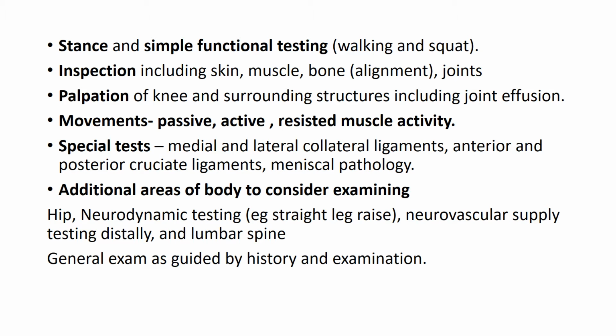So for the knee, additional areas of the body to consider exam will often involve the hip, because knee pain can be from the hip. Neurodynamic testing, which is at your level probably going to be the straight leg raise. There is one called the slump test. There's doing some kind of neurovascular assessment of the limb, of the structure distally, so in this case the knee distally, and an examination of the lumbar spine, because the lumbar spine can refer itself to the knee, and then some general exam as guided by the history exam.